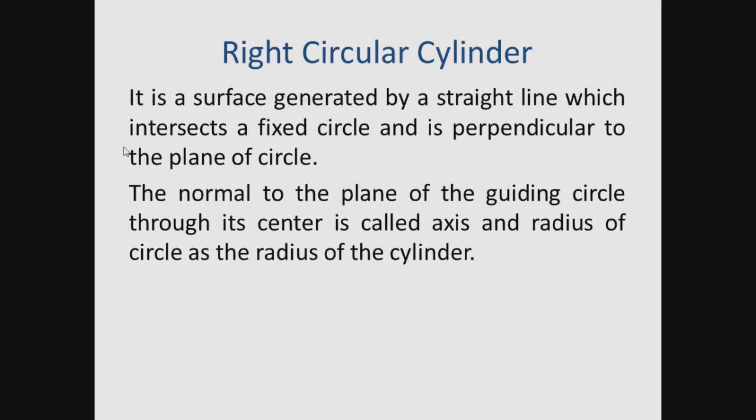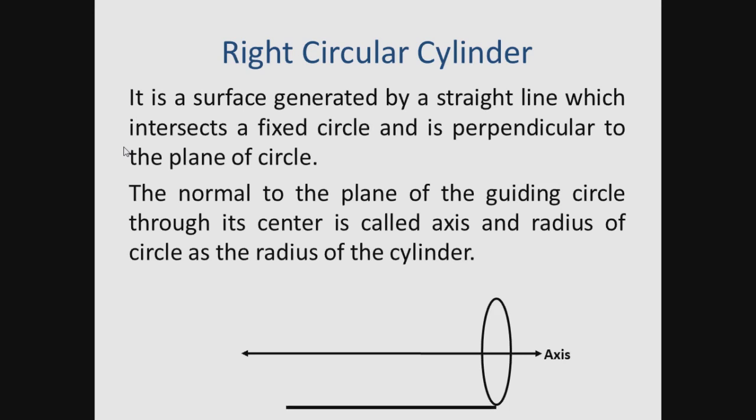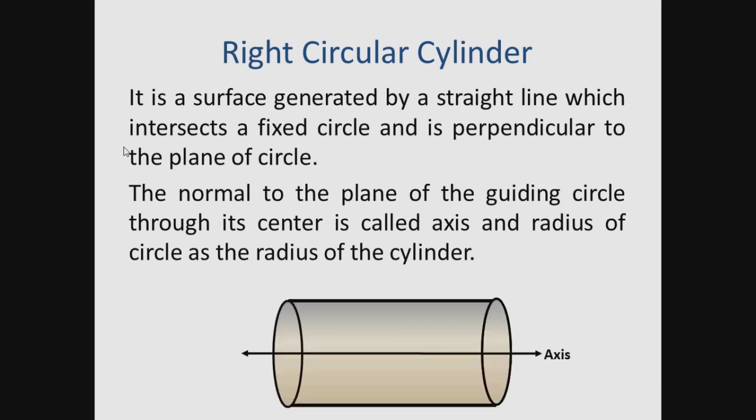So in a right circular cylinder, the guiding curve is a circle and the axis passes through its center. If we take a line parallel to the axis and revolve it about that circle, then whatever structure we get is nothing but a right circular cylinder.